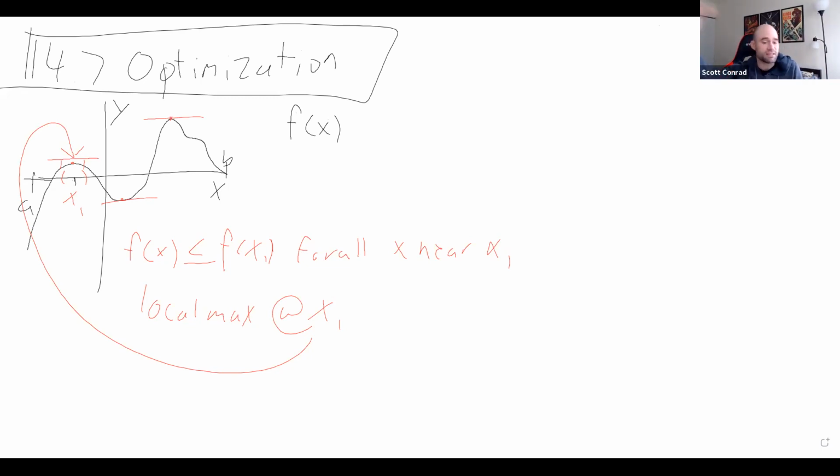But a local max doesn't have to be the absolute highest point of the graph anywhere on here, and the local min doesn't have to be the absolute lowest. So for instance, here, this is the absolute lowest our graph gets. That's the global min, or the absolute min value of our function from a to b. And this would be the absolute max, and it's also a local max.